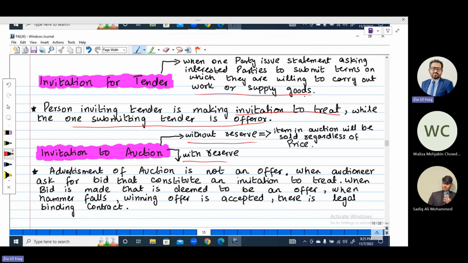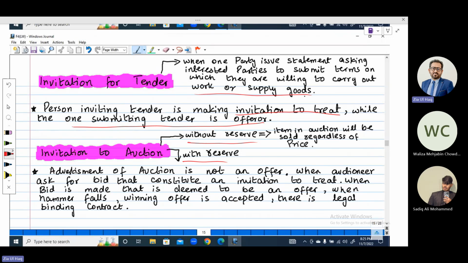With reserve price means you have set a price, like I will not sell this product below this price, I will sell above this price. So that will be called an auction with reserve price. Without reserve price means you haven't defined any price.